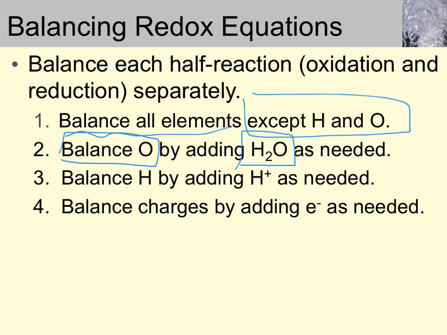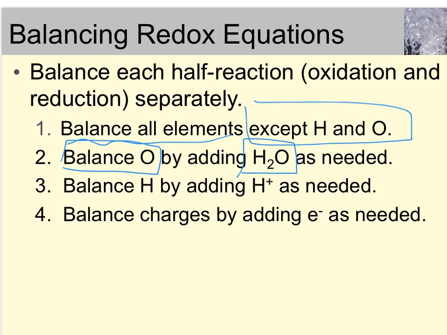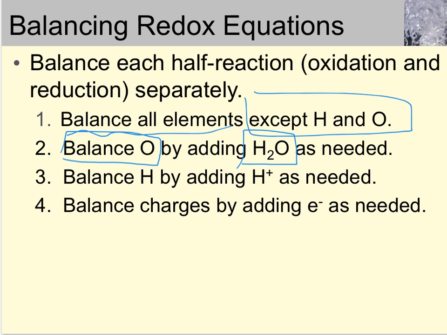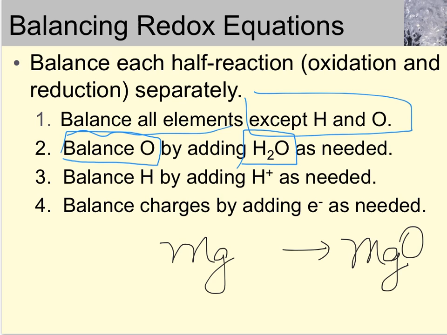And I know that seems pretty strange. It'll be more clear once you start practicing. But let's just, for an example, say that you have elemental magnesium and you have some skeleton reaction written out so that you make magnesium oxide. If this were a half reaction you were attempting to balance, you can see that the oxygens are not balanced on both sides.